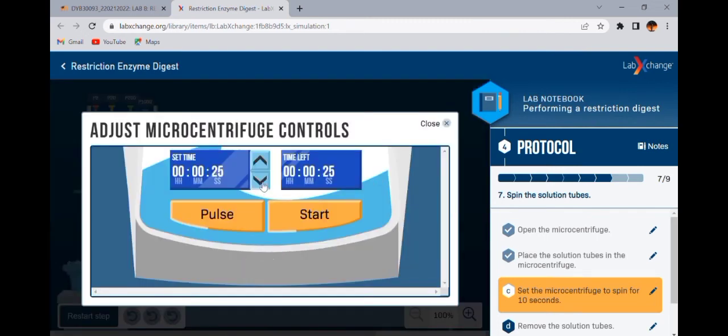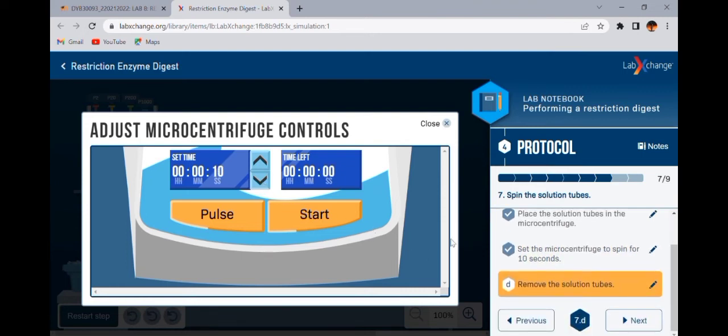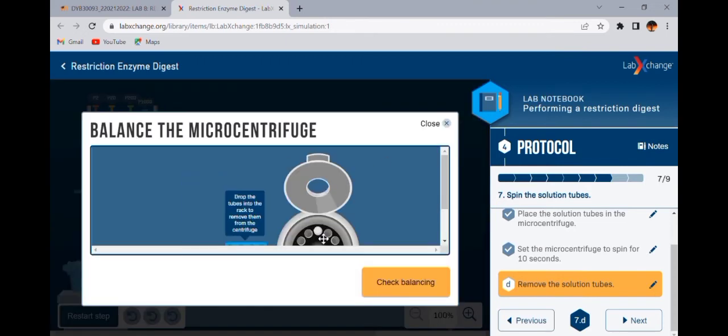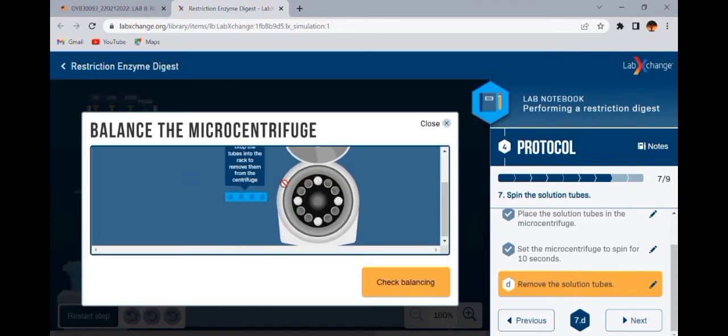Then set the microcentrifuge to spin for 10 seconds. Remove the solution tubes.